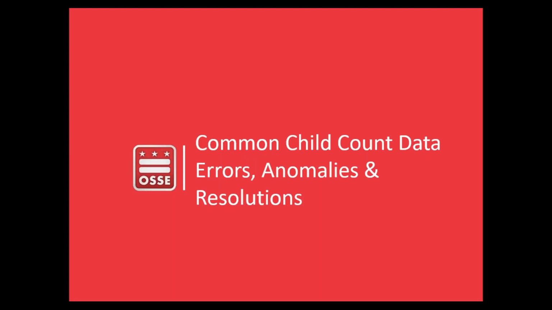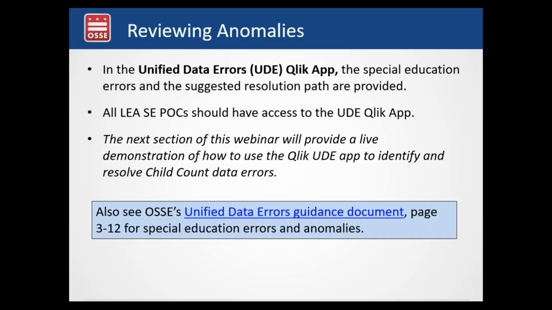So let's look at some common child count data errors, anomalies, and how you go about resolving those issues. In the Unified Data Errors, it's a quick application. Special education errors and suggested resolution paths are provided. All LEA special ed POCs should have access to the UDE quick application.